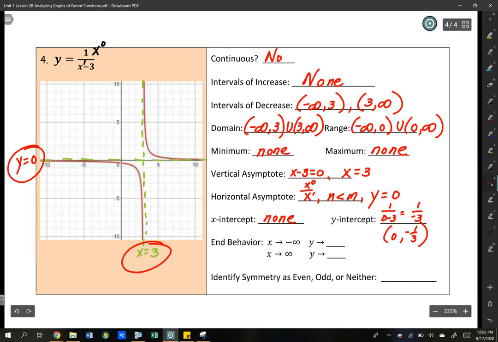As we look at this graph going left, we're getting closer and closer to 0. As we look at this graph going right, we are getting closer and closer to 0. And this graph has no symmetry, so we are going to say neither.